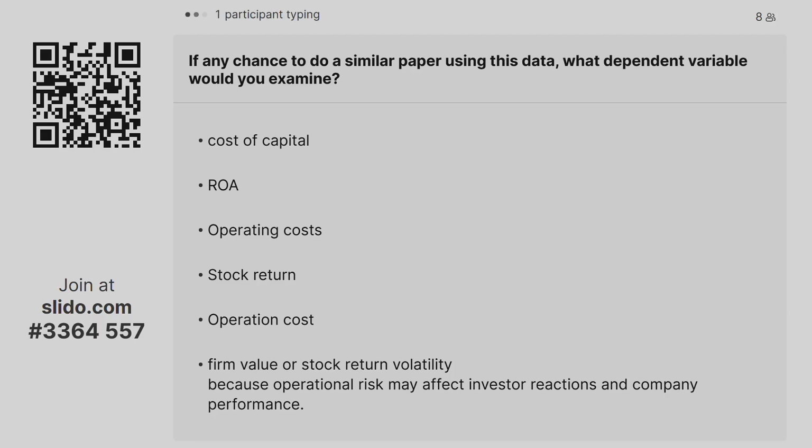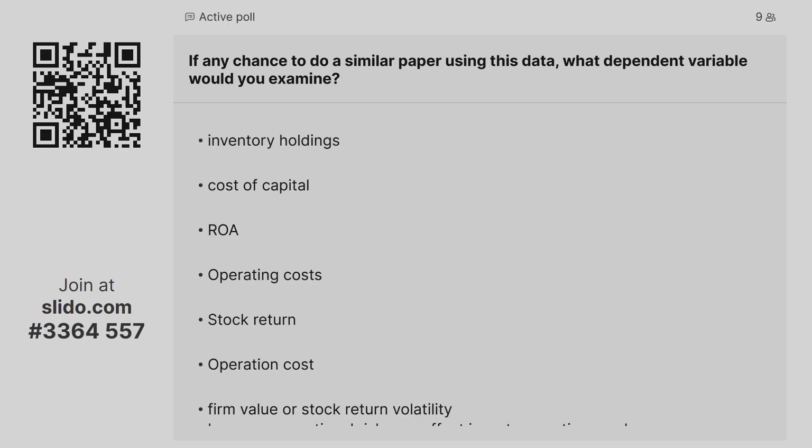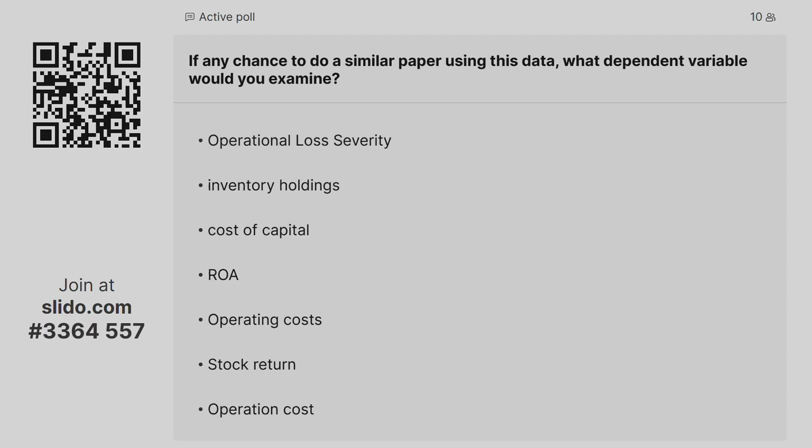Return on assets is profitability. Yeah, it's similar to firm value, but using accounting measures too. We generate like 6, 7 papers, and we can generate another on inventory holding. This is a supply chain paper. We have an operational loss severity paper. Okay.